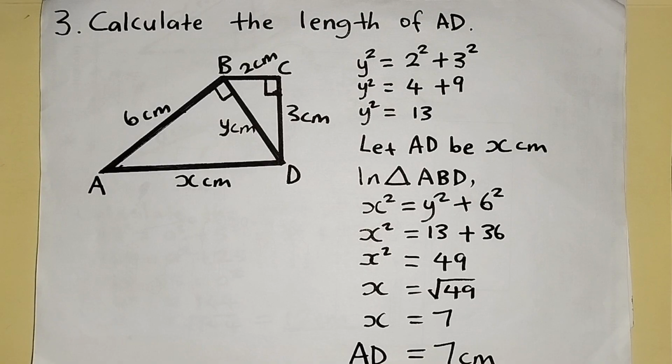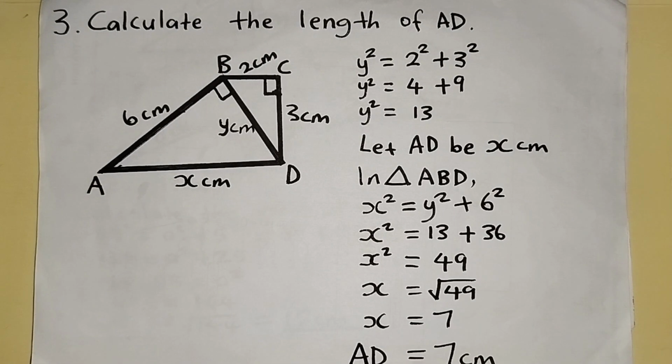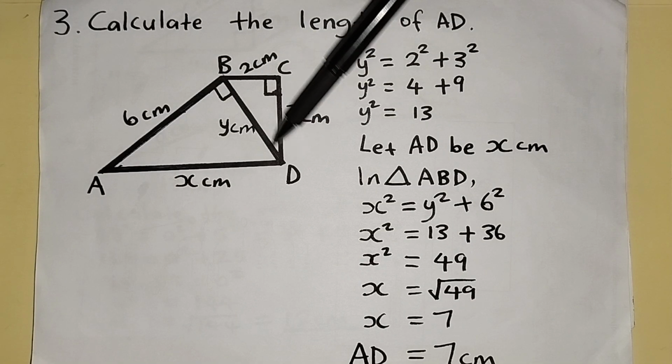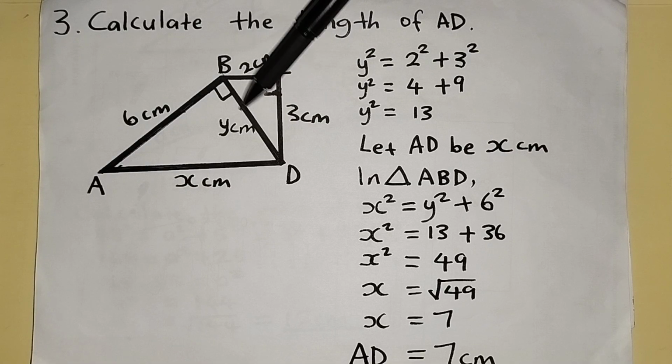So first of all, I will have to find the length of BD, which is y centimeters, using the smaller right angle triangle. Let's proceed. As far as the smaller right angle triangle is concerned, this BD, which is called y centimeters, is the hypotenuse of this smaller triangle, because BD is opposite this right angle.